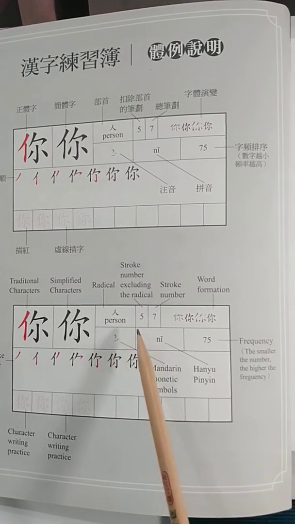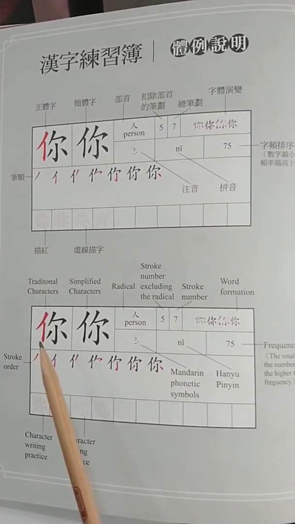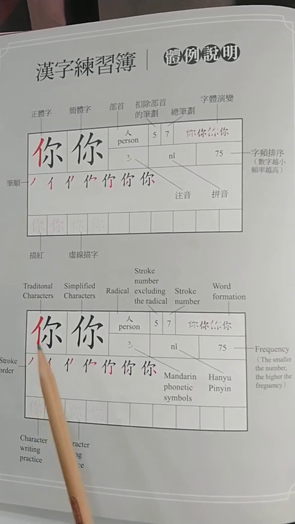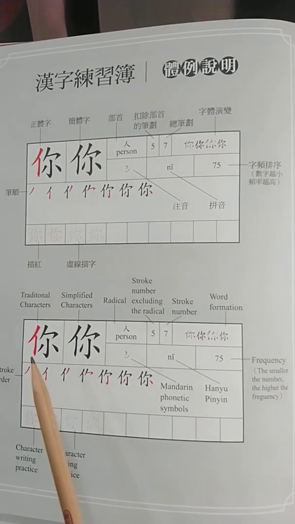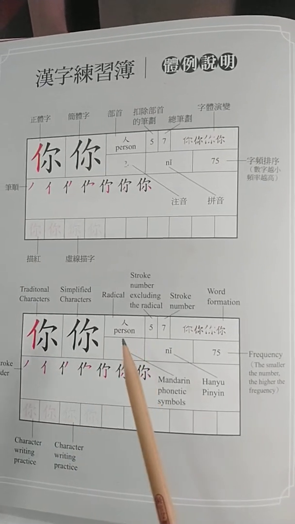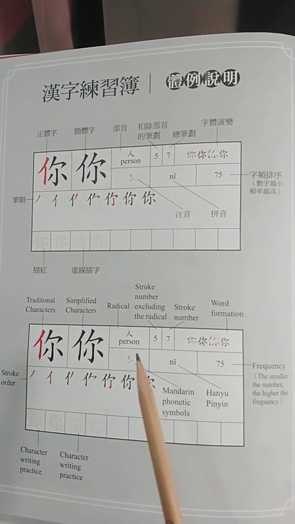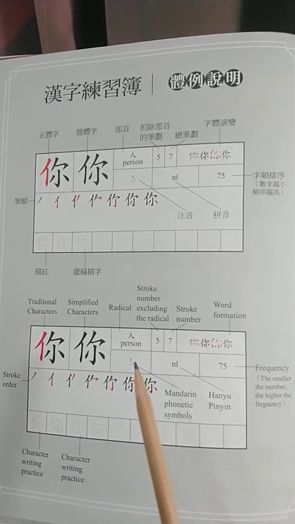So it's a person, okay? So this red part is the radical that is being put on the left side. There are many characters that has this radical. So it's very important for you to learn about radicals. Then you would be able to understand characters more.